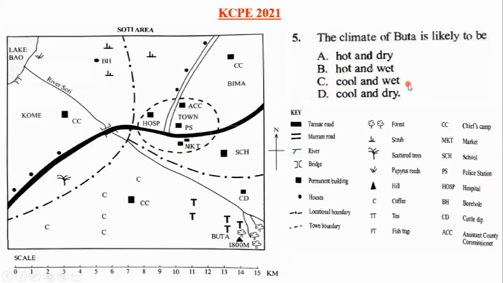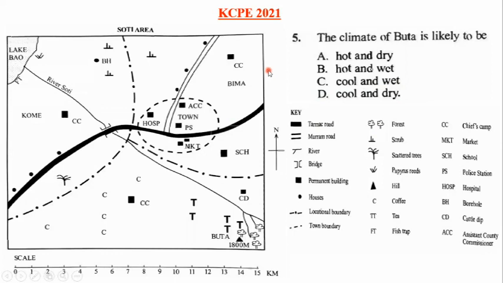That is how you identify the climate being experienced in the area shown on the map. Having done that, you will have been able to identify the climate that is being experienced on the map.